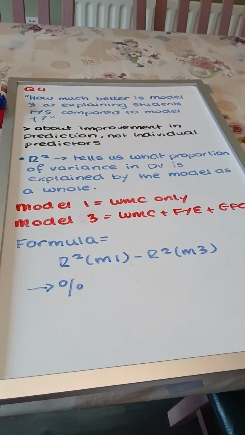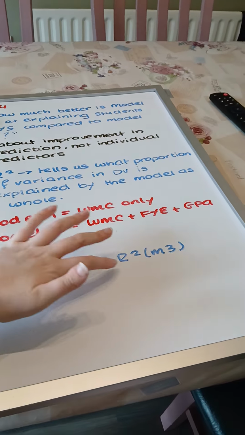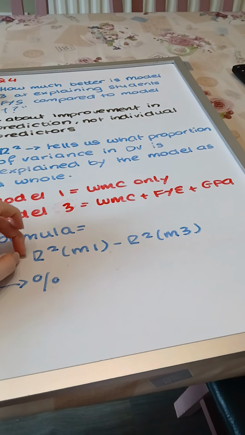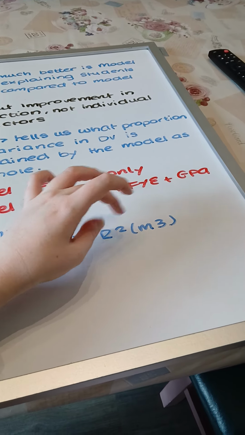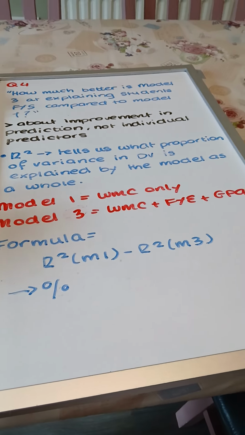The formula then to this question is R squared Model 1 and R squared Model 3. They're not multiplied, you just find the value for R squared in Model 1 and then find the value for R squared in Model 3, because each of the models will have an R squared value.